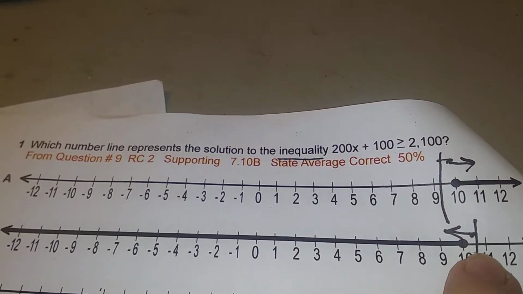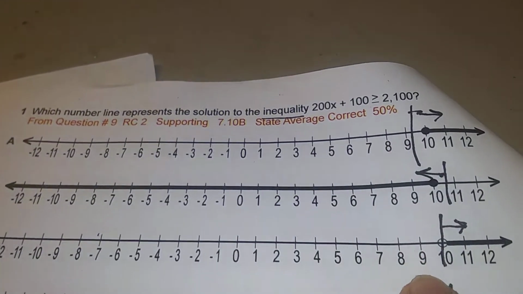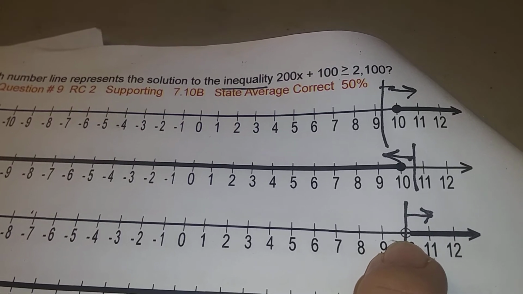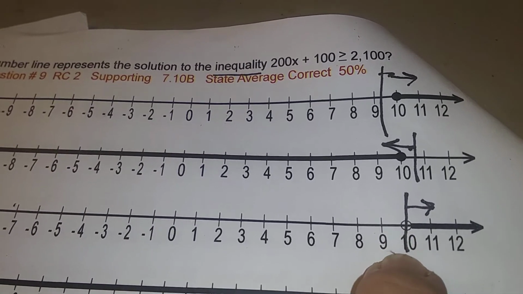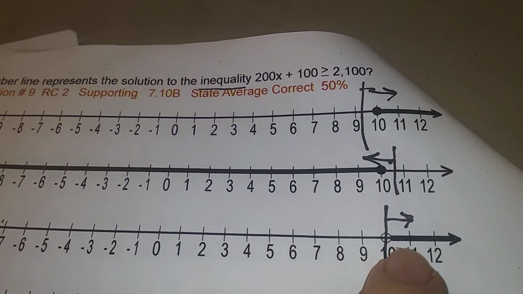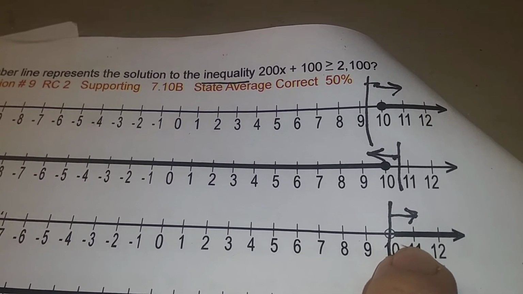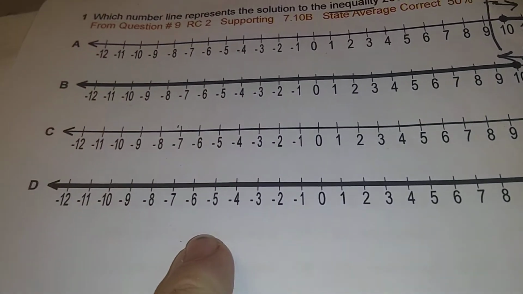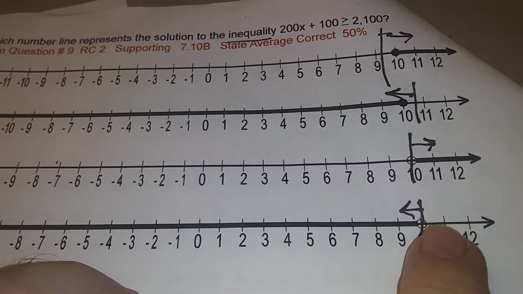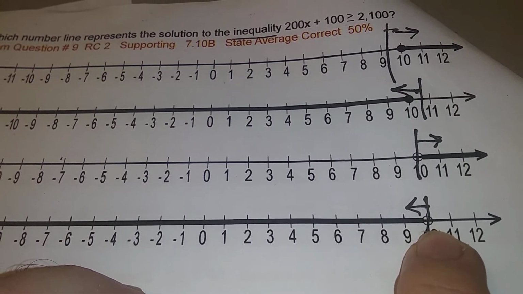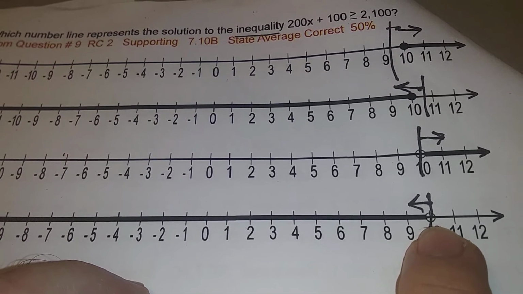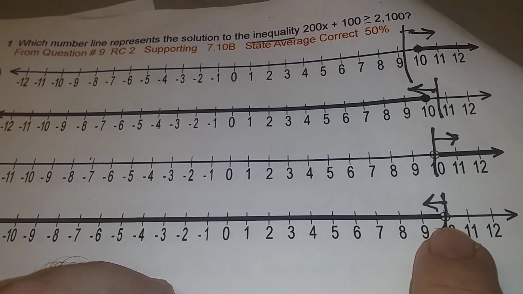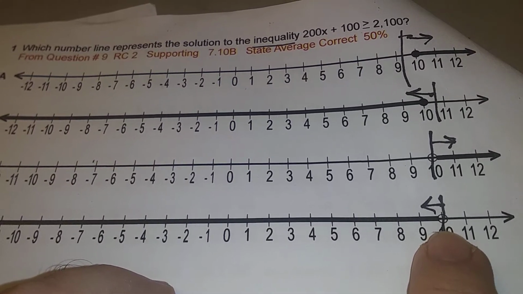Letter C, it's not filled in, so you have your kids draw a vertical line right on top of it. It means it can only be greater than 10 in order to be true. And the last one, it's also open, so you exclude the number that it's on. So letter D would be less than 10.